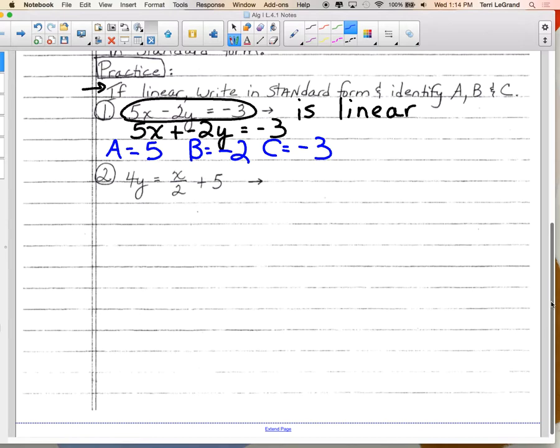There is a denominator, but are x or y in it? No. Well, then it passes that test. Is y being multiplied by x? No, it is linear. It passes every test.